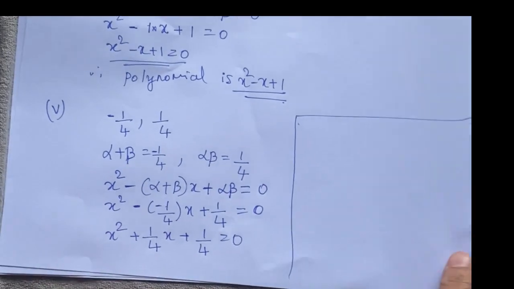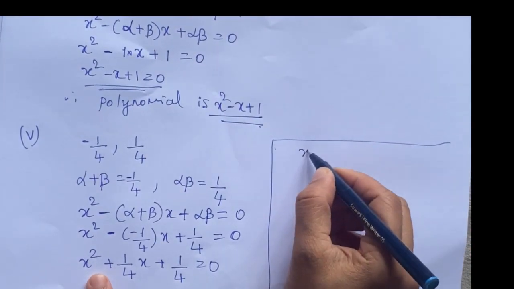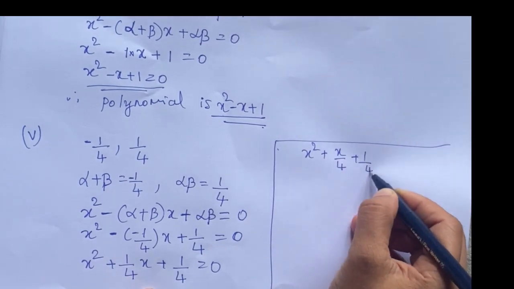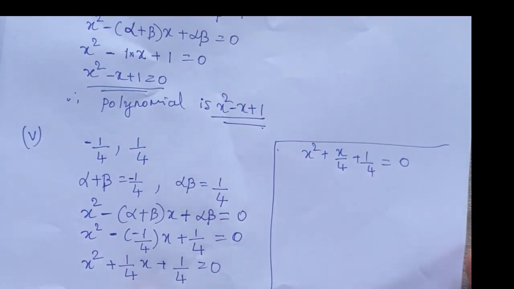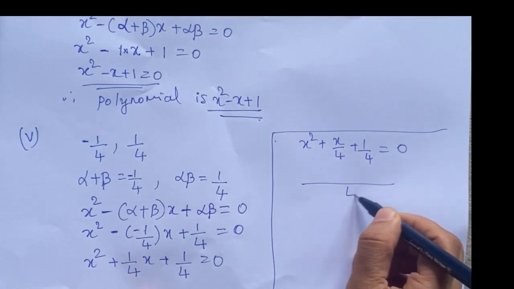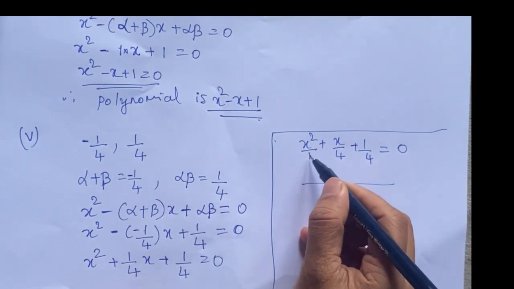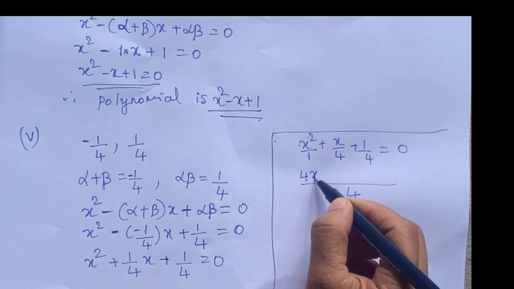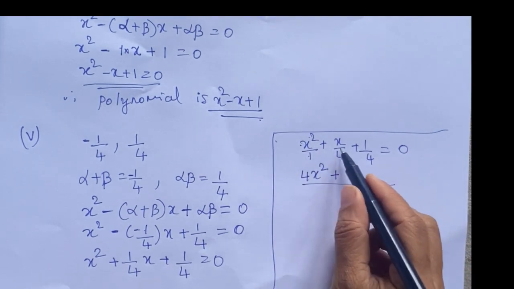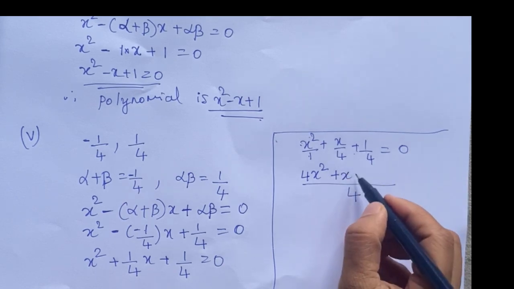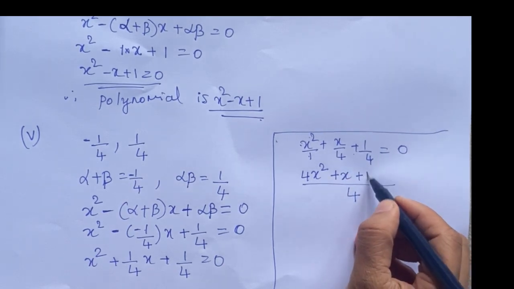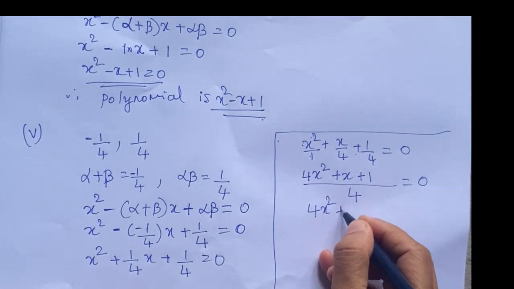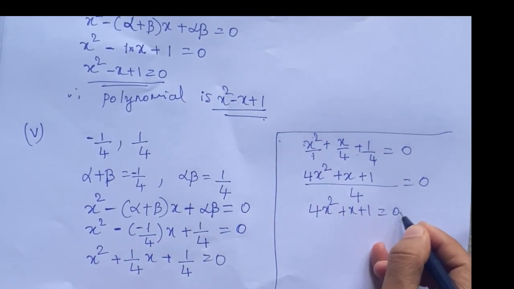After simplifying, we get x square plus x by 4 plus 1 by 4 is equal to 0. LCM is 4. There is no 4 here in the denominator, so I will multiply 4 to x square. That is 4x square plus 4 into 1 by 4 x, which is x, plus 4 into 1 by 4, which is 1, is equal to 0.